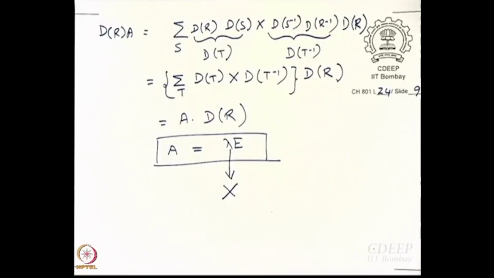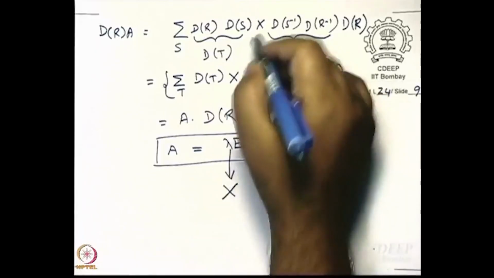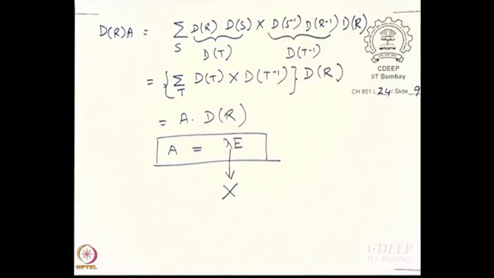Because A equal to lambda E. Now, if X is some matrix and then if X is another matrix, you are going to get different values of lambda, that is all. The general form is going to be the same, but value of lambda will depend on which X matrix you are using.